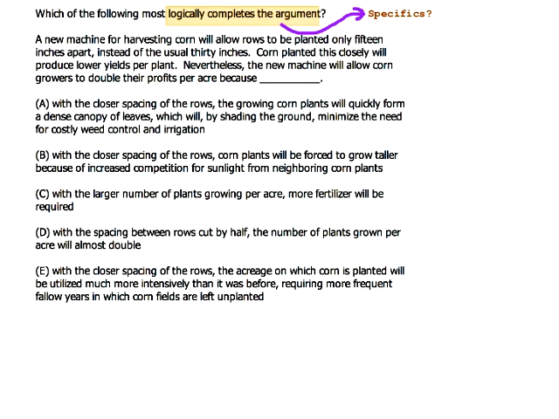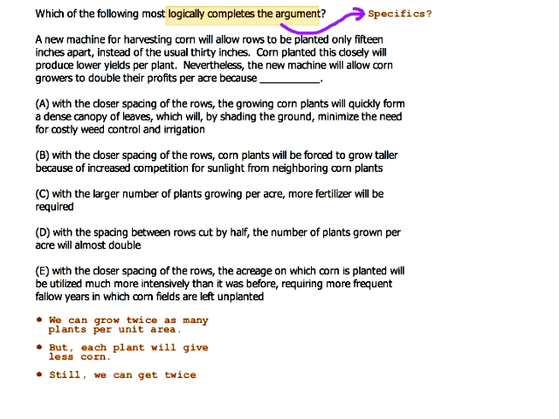So we can grow twice as many plants per unit area because we can grow them at half the spacing. But each plant will give less corn. So we can get twice the profit per unit area.